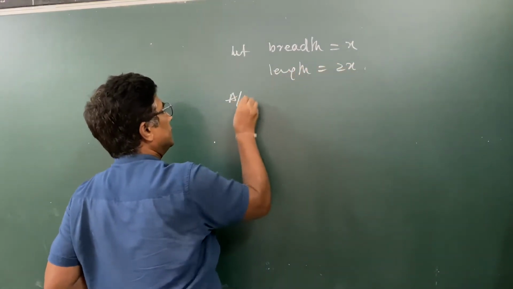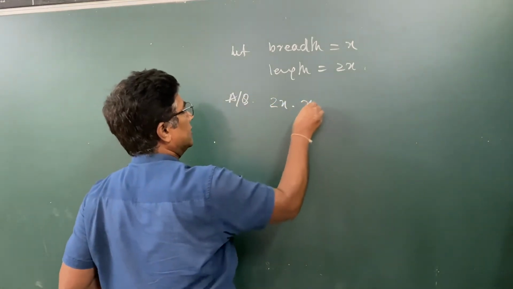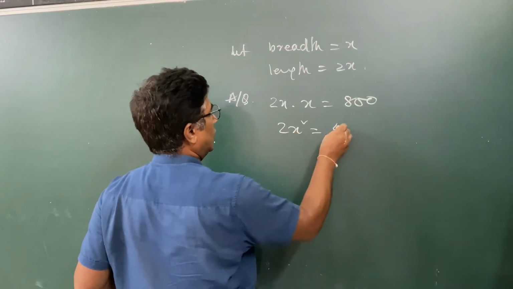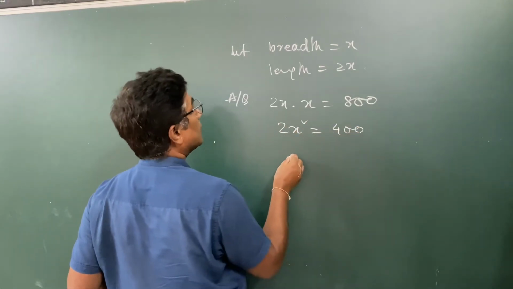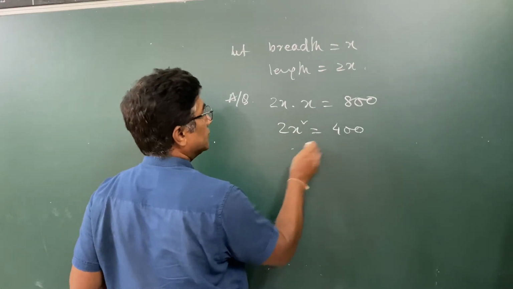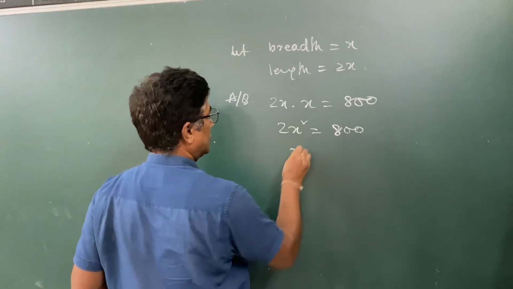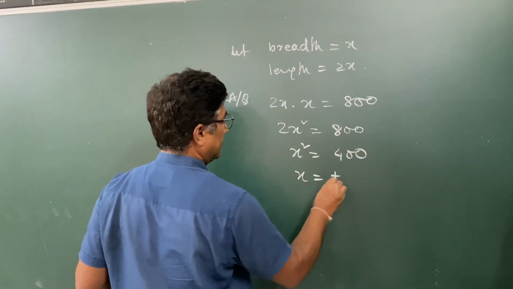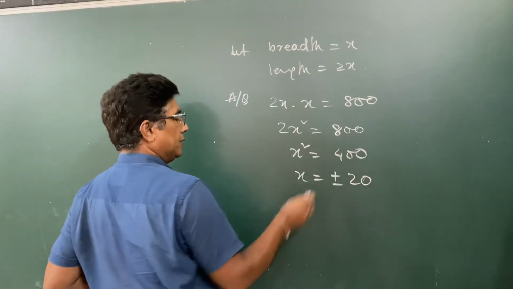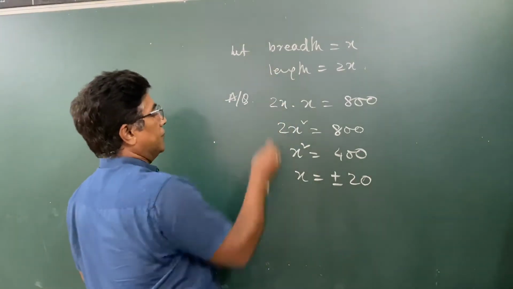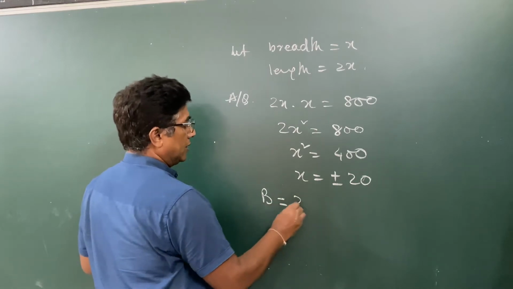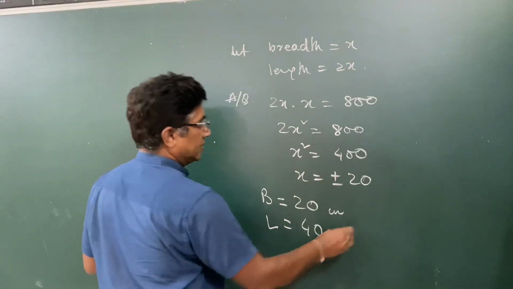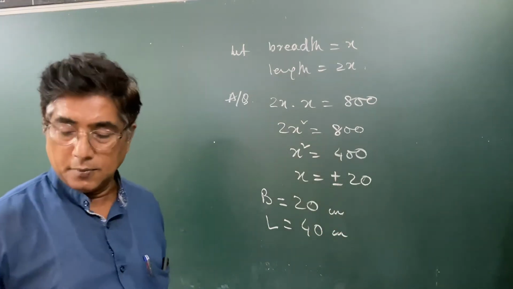According to the question, length into breadth is your area. So 2x squared is equal to 800. So x square is equal to 400. So x is equal to plus minus 20. Obviously we will reject minus. So breadth is 20 and length is 40. So yes, it is possible.